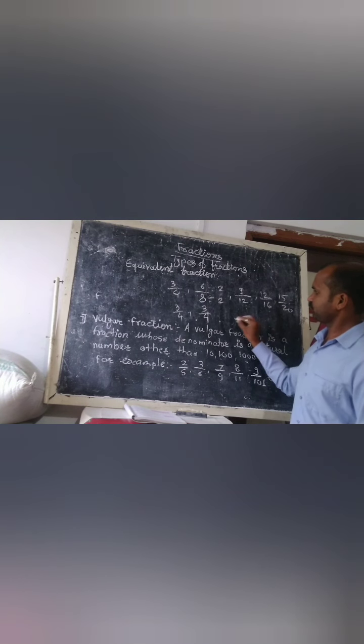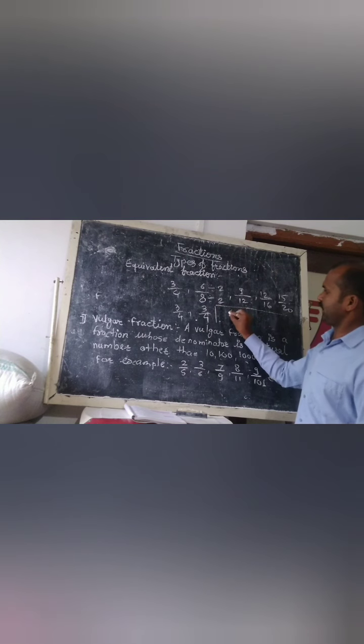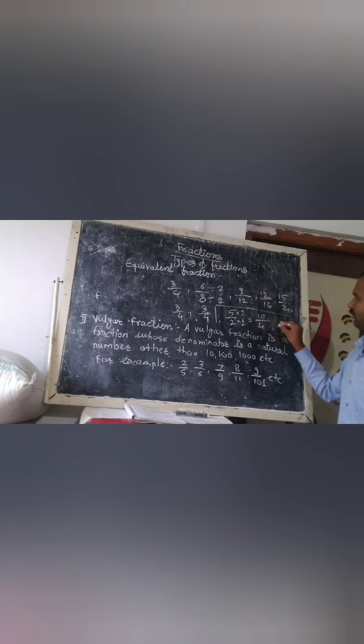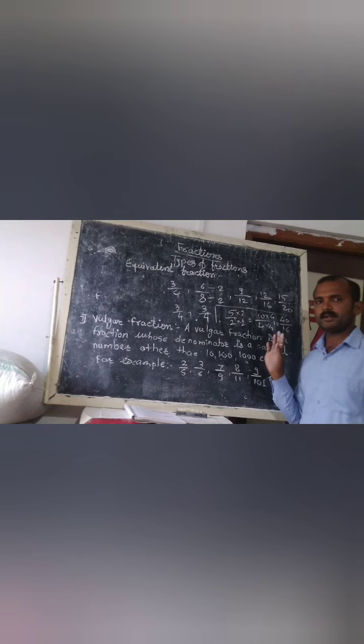For example, let me take 5 upon 2. If we multiply this by 2, 5 2s are 10 and 2 2s are 4. So 5 upon 2 and 10 upon 4 are equivalent fractions. Again, if we multiply by 4, 10 4s are 40 and 4 4s are 16. 40 upon 16, 10 upon 4, 5 upon 2, all are equivalent fractions.